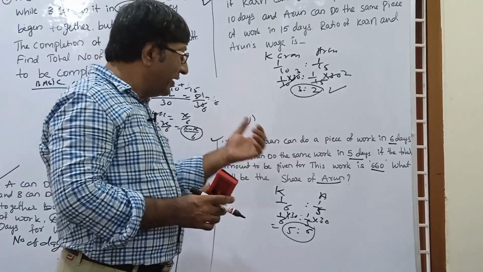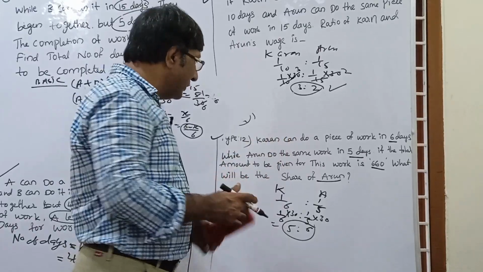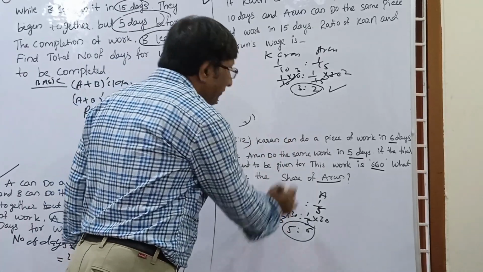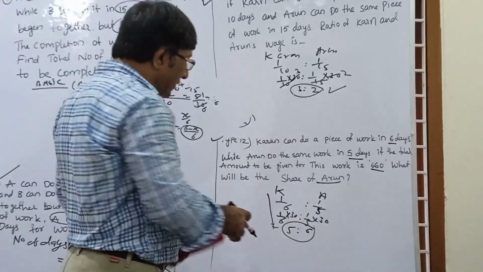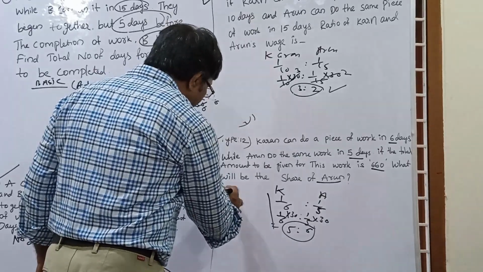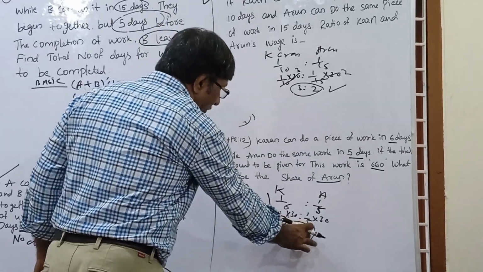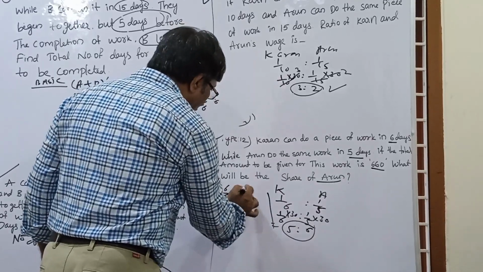Now we have already explained this type of question in the ratio to person. What we have to find is the share of Arun. So Arun is what? 6. So the share of Arun will be 6 divided by the sum of the ratio, that is 6 plus 5, into the total amount.